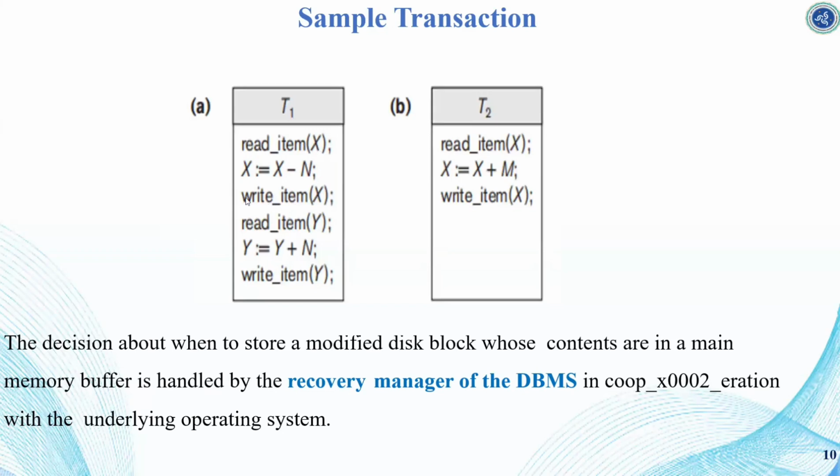But while performing the write operation, the value gets updated. The decision about when to store a modified disk block whose contents are in main memory is handled by the recovery manager of the DBMS.